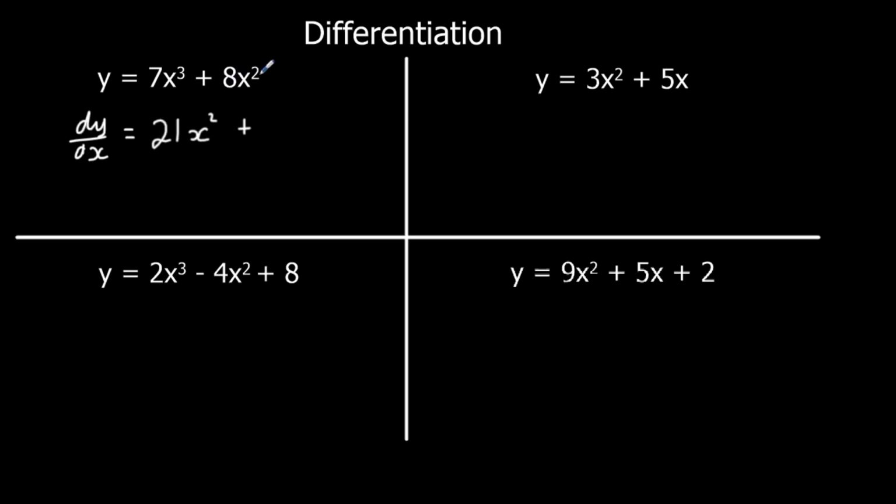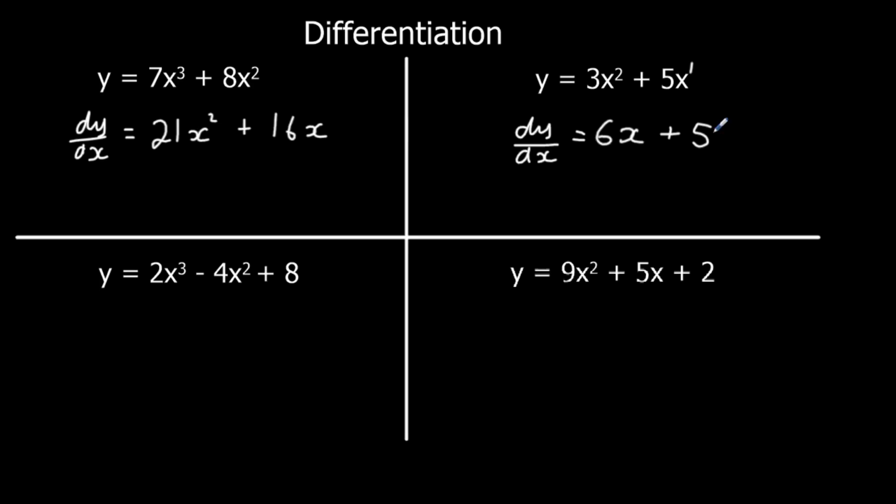Times by the power, 2 times 8 is 16, and take 1 off the power, which is x to the power of 1. We don't need to write the 1. Then we go here, dy dx, so we times by the power, 2 times 3 is 6, and take 1 off the power, which is x to the power of 1. And here we've got x to the power of 1 already. I'll put the 1 there. So 1 times 5 is 5.